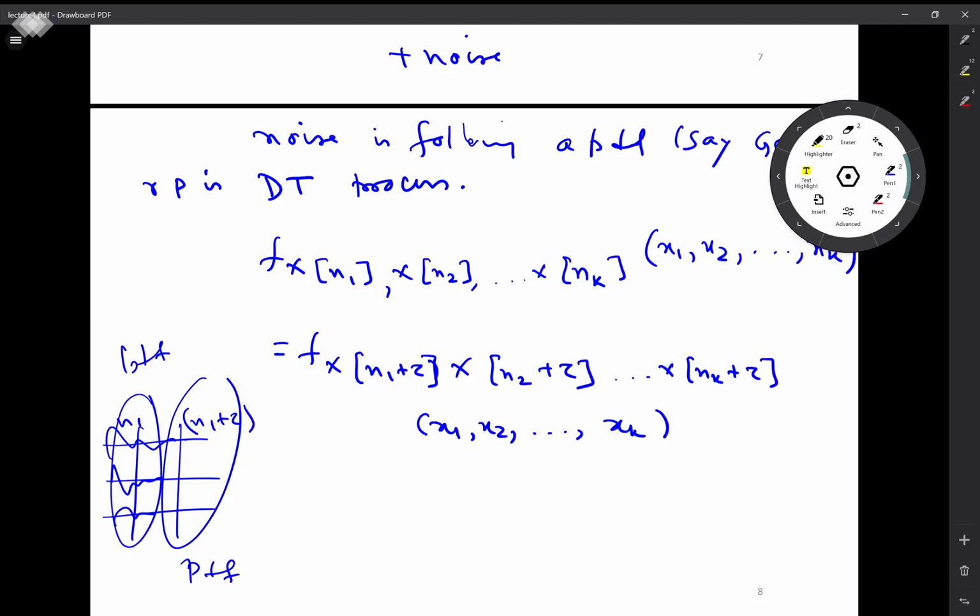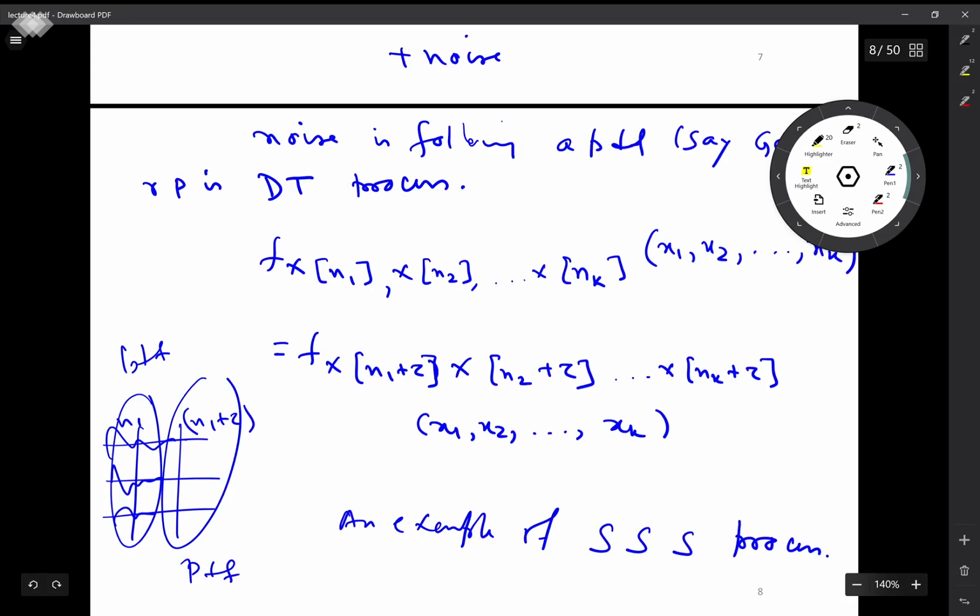It's following an IID sample. So this is an example of a strict sense stationary process.